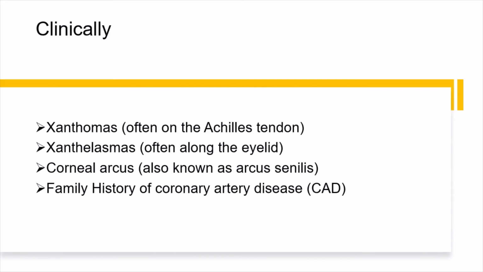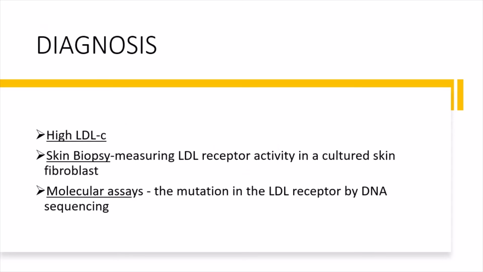Clinically, in familial hypercholesterolemia patients, xanthomas can be found, xanthelasmas can be found, corneal arcus is seen, and family history of coronary artery disease, and that too a young person having a myocardial infarction, is usually seen. Diagnosis can be obtained by high LDL cholesterol. Skin biopsy can measure LDL receptor activity.